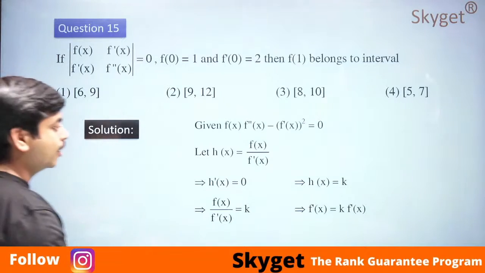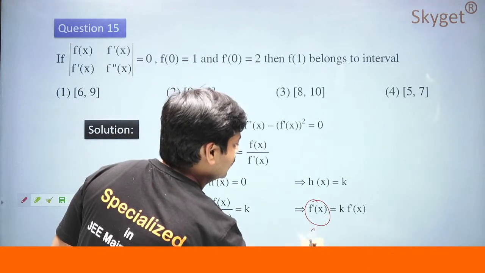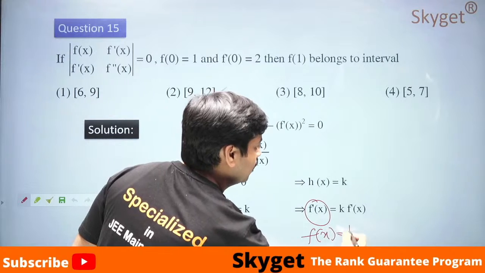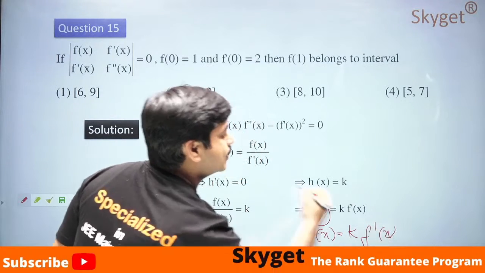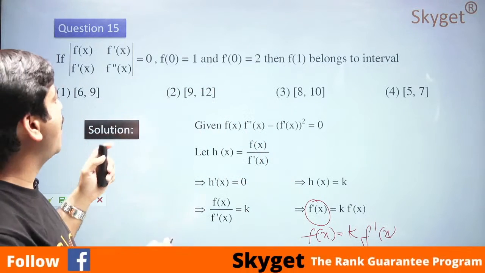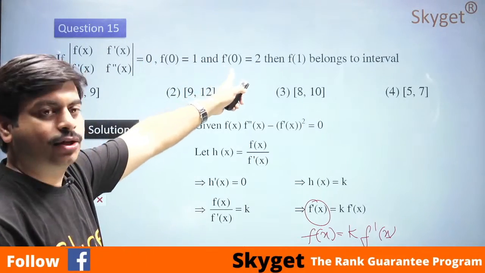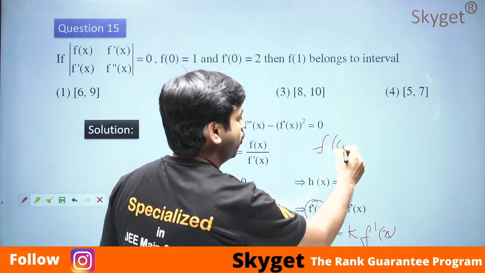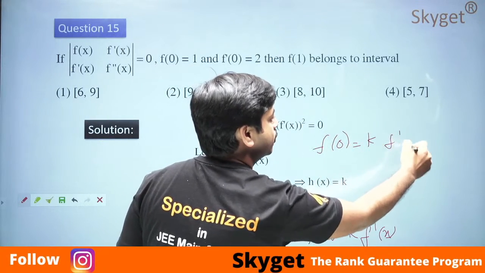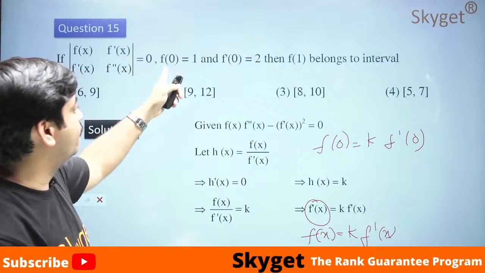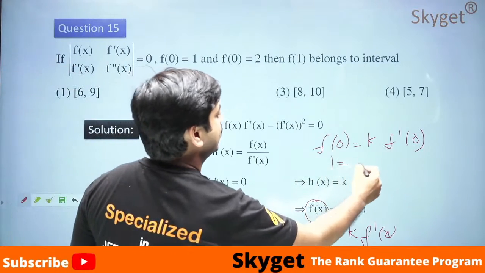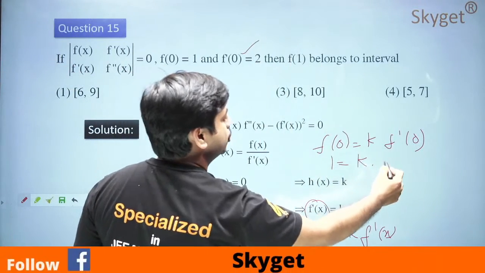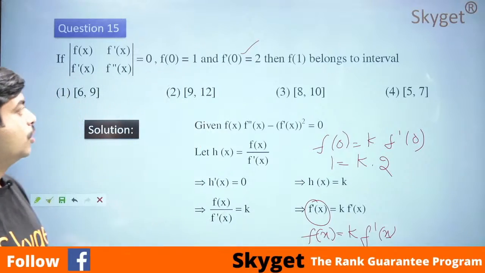Now f of 0 and f dash 0 are given. If you put x equal to 0 here, f of 0 will be k times f dash of 0. The value of f of 0 is 1 and f dash of 0 is 2, so the value of k will be equal to 1 by 2.